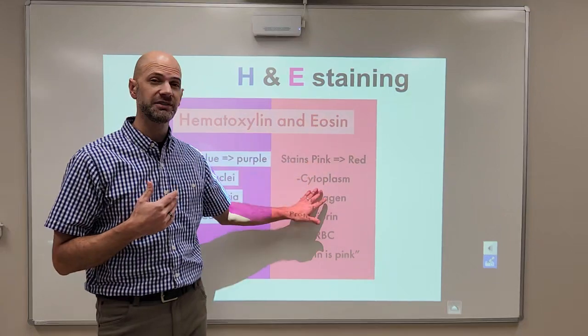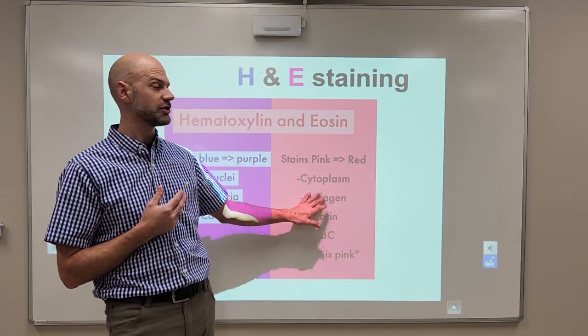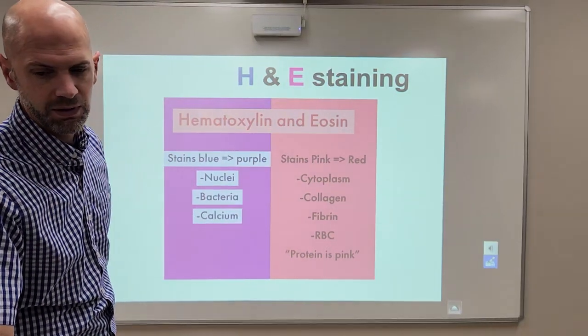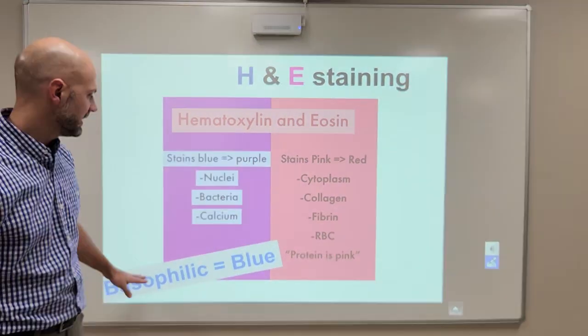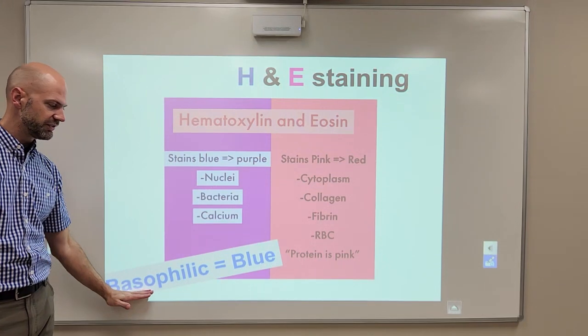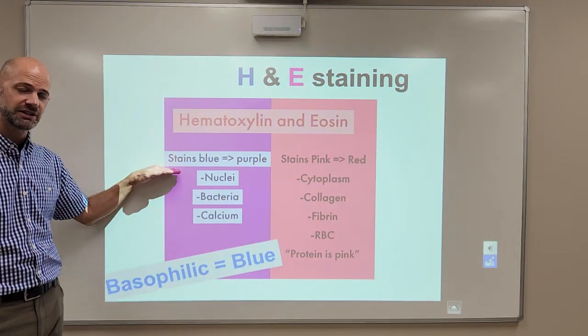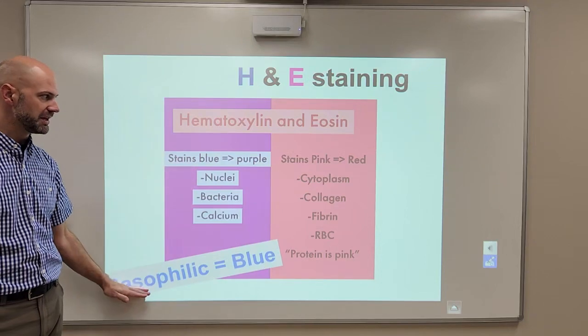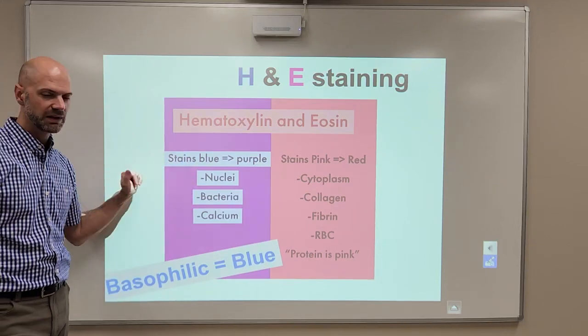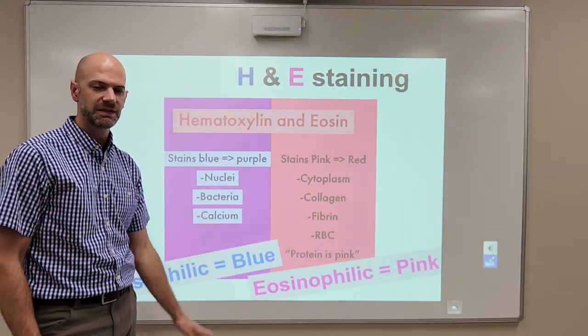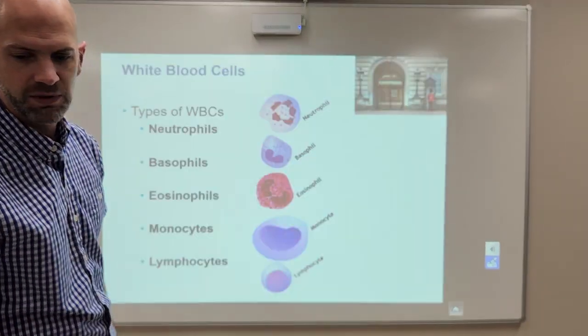Eosin is attracted to positive charge, so the cytoplasm is typically pink. So basophilic means blue, a word that means it is attracted to a negative charge. Basophilic, blue, hematoxylin. Eosinophilic means pink. That means it has a positive charge.